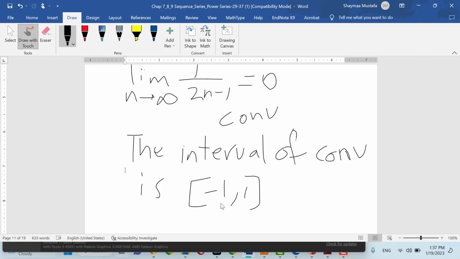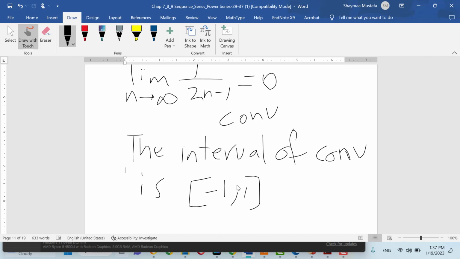So this is the interval of convergence. The series is convergent at any point between minus 1 and 1, and also at minus 1 and 1. So this is the whole interval of convergence.